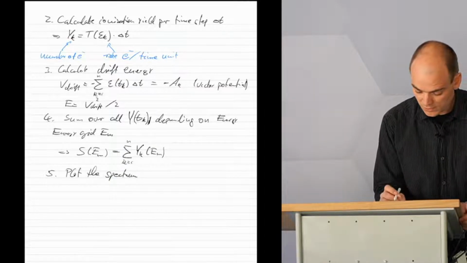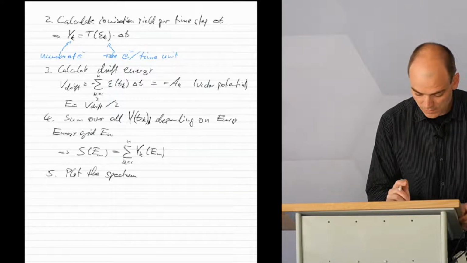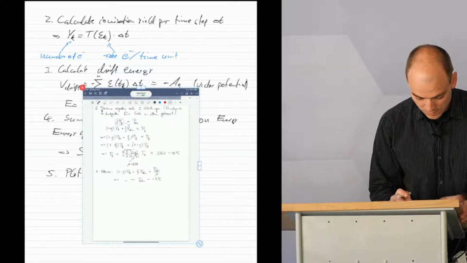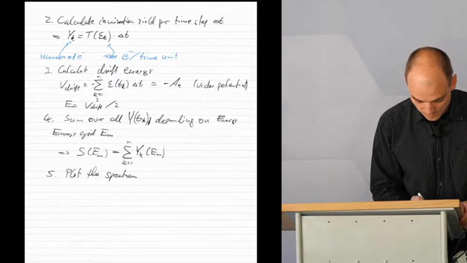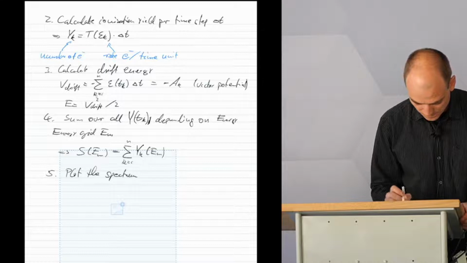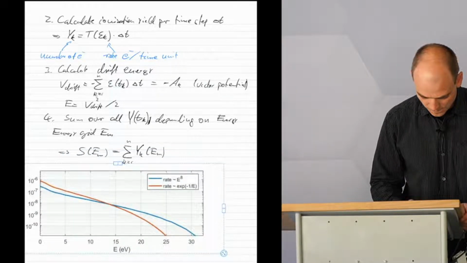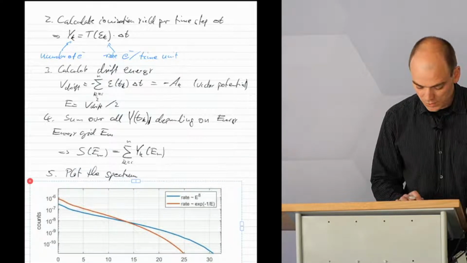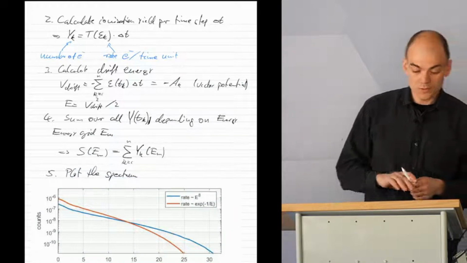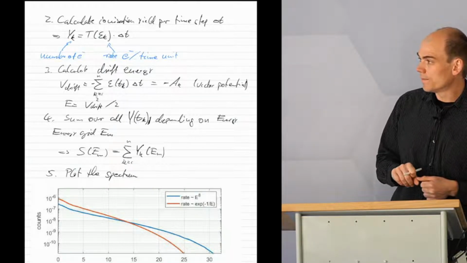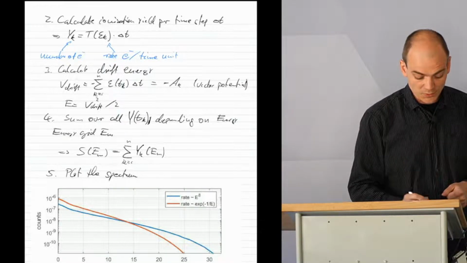So what you get here is an example that I calculated. It would be useful to have the laser parameters here as well. But what you see here is a logarithmic scale.